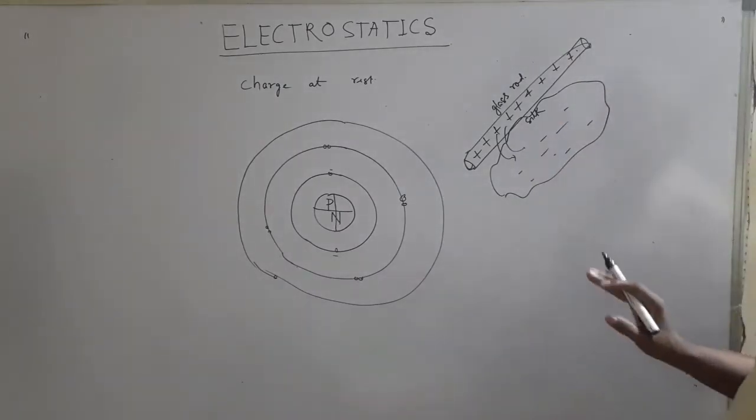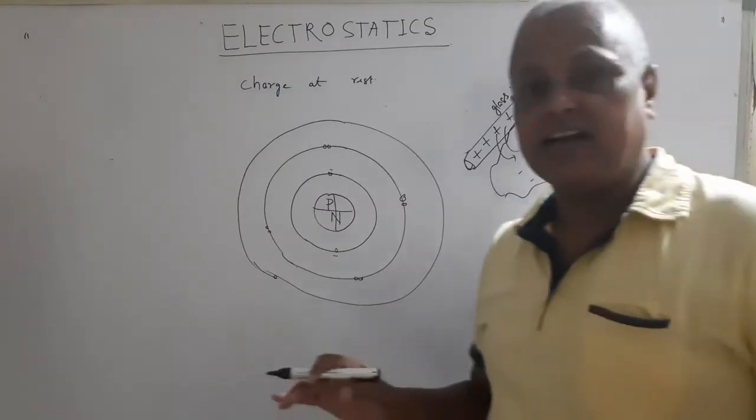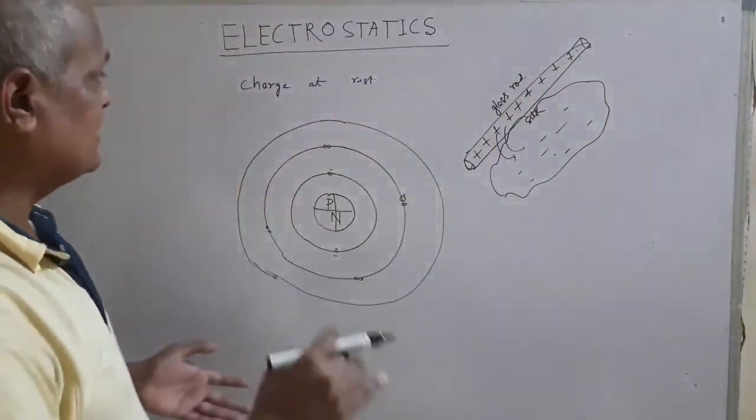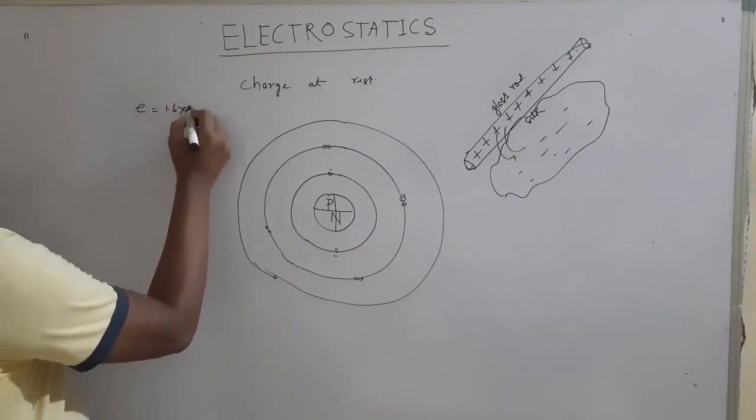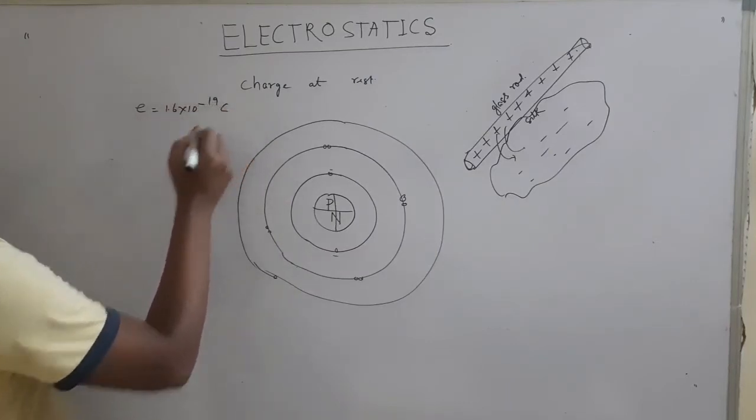Now, as you might have studied in class 10 also, the charge on the electron is e = 1.6 × 10^-19 coulomb.